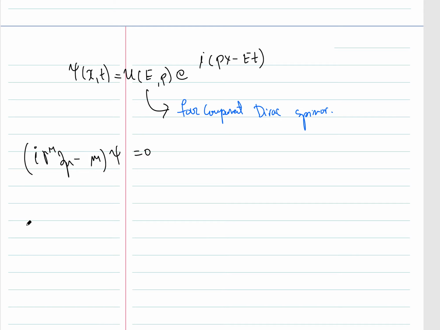And now this would be i gamma 0 partial of 0 psi plus i gamma 1 partial of 1 psi, plus i gamma 2 partial of 2 psi, plus i gamma 3 partial of 3 psi, minus m psi equals 0.